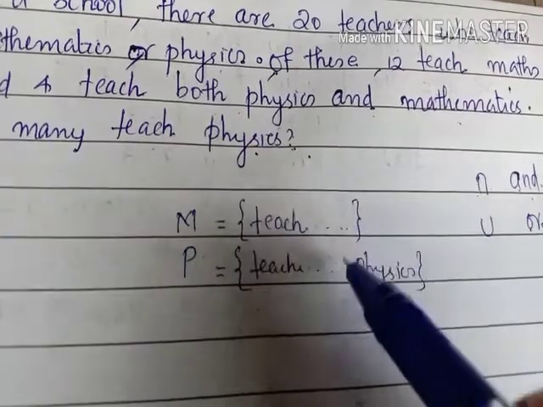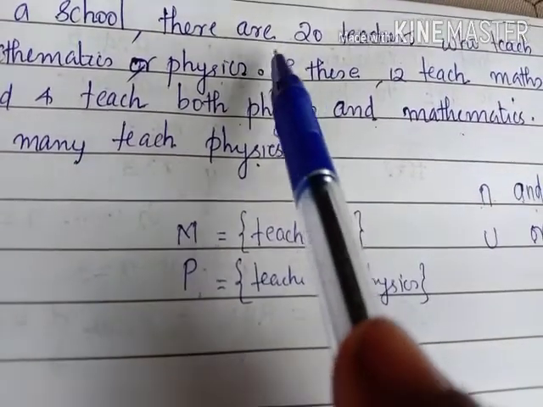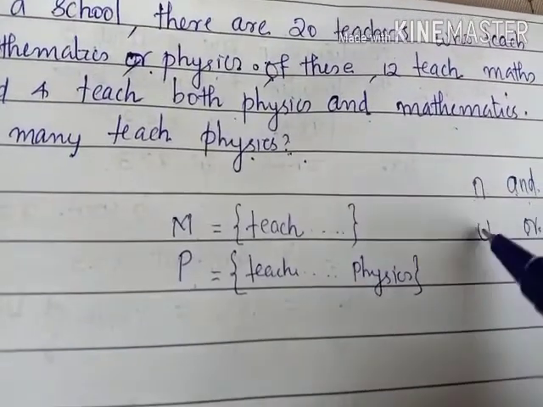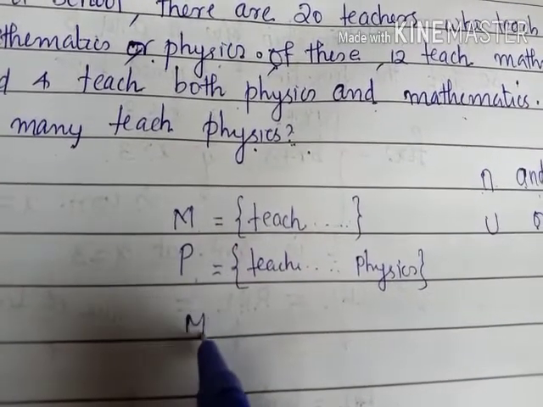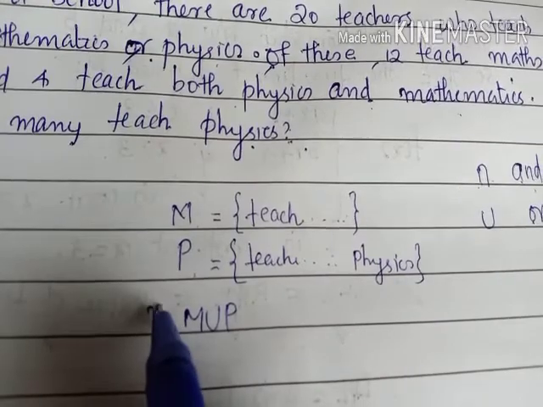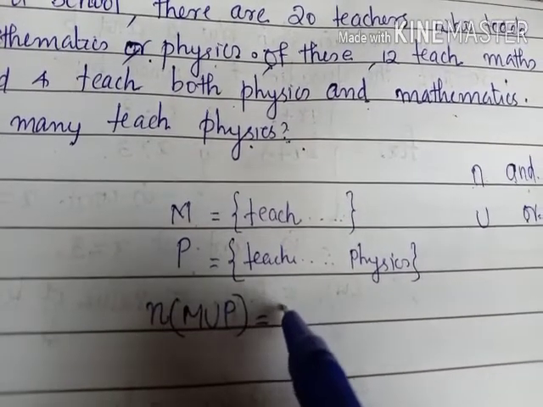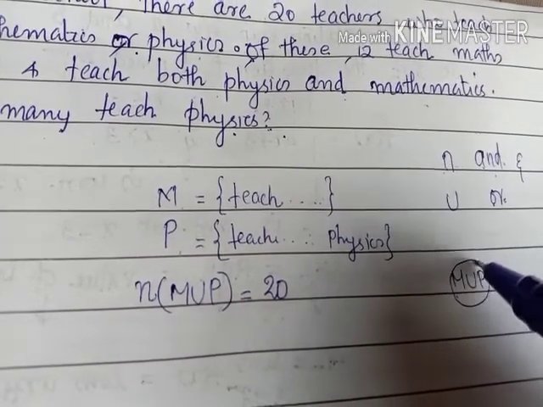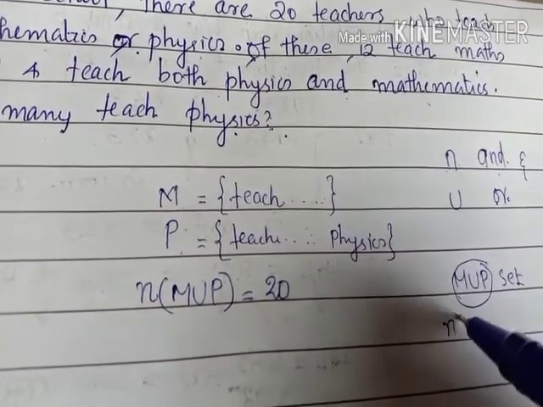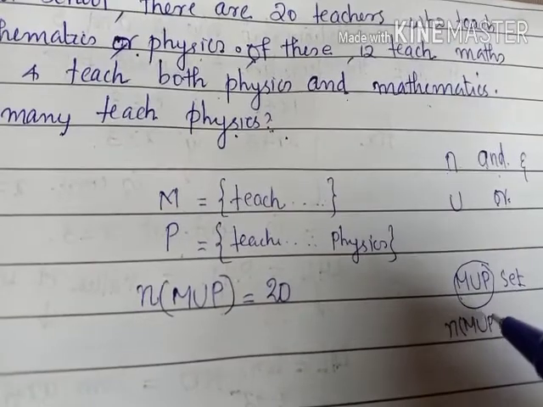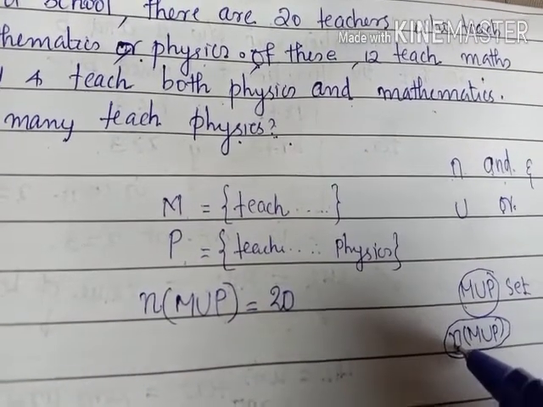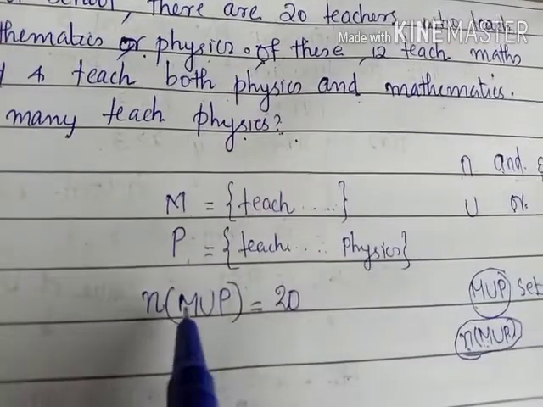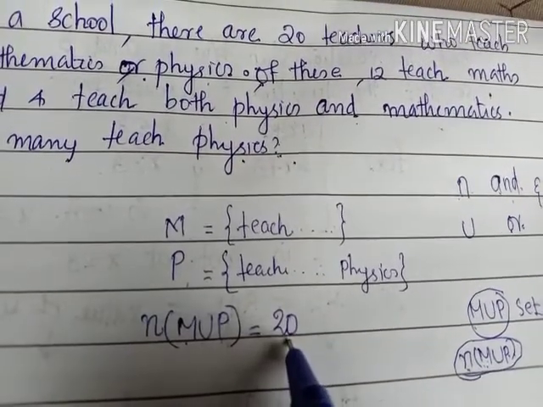So we define two sets, M and P. Or means union, so M union P. If you write M union P only, it is a set, so we have to write n of M union P, which means the number of elements in the set, or the number of teachers who teach maths or physics. That is equal to 20.